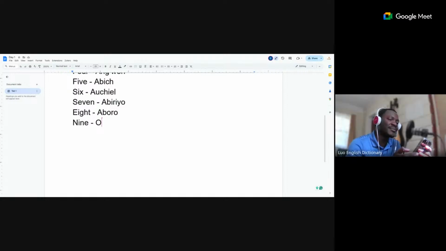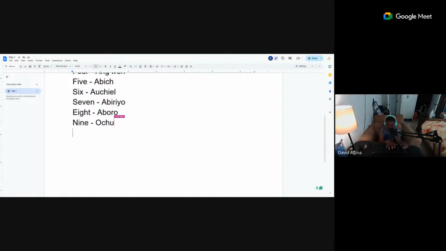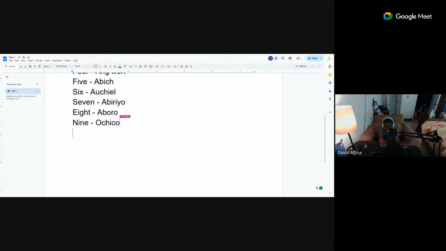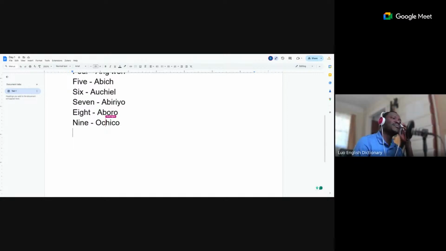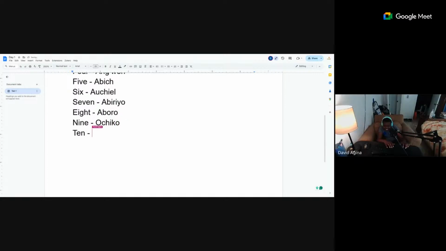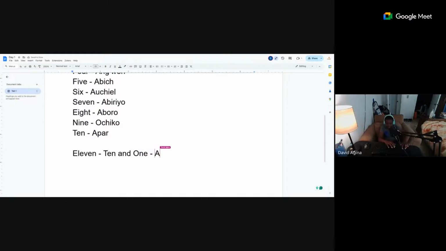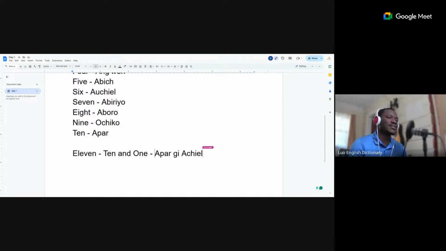It's a C. Oh, Chieko. Yes. Then 10 becomes Apar. Yes. So now you are 11 years old, and 11 is also written as 10 and 1. You just put them together. So that's your age.